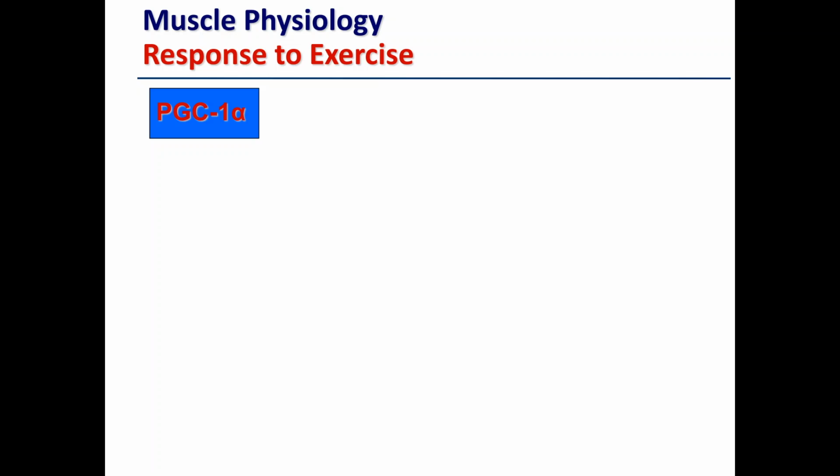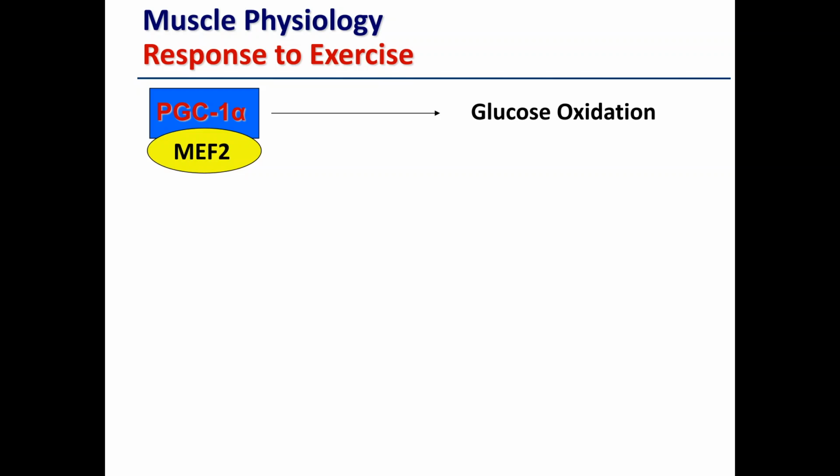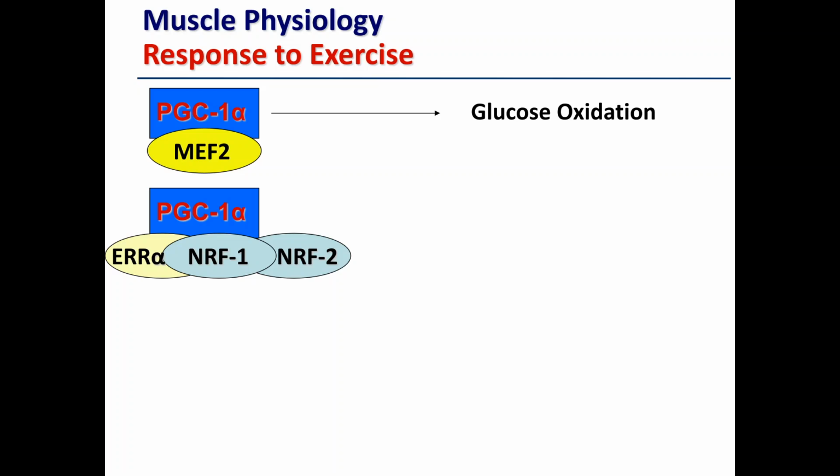So if we take this metabolic master regulator, a transcriptional coactivator, PGC1 alpha, again, it's not important for you to remember what PGC1 alpha is, but it controls genes associated with glucose oxidation, so the ability to break down glucose to produce ATP, and the ability to increase the number of mitochondria where that ATP can be produced.